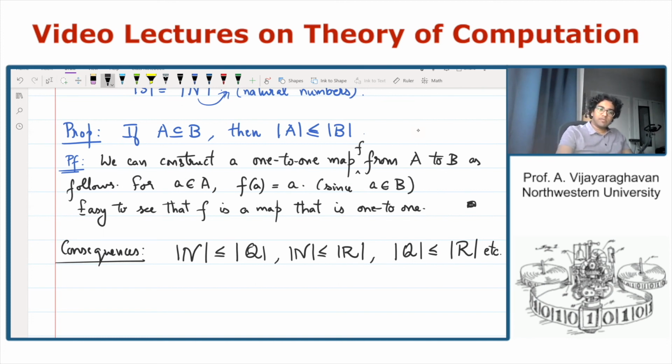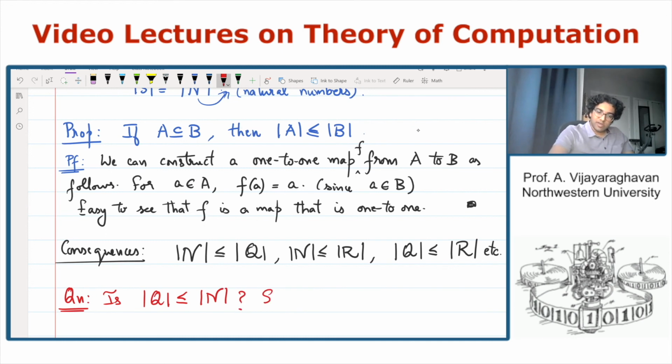But here's a question. We know that the cardinality of natural numbers is less than or equal to the cardinality of rational numbers. But could the cardinalities be equal? So is the cardinality of rational numbers also less than or equal to the cardinality of natural numbers?